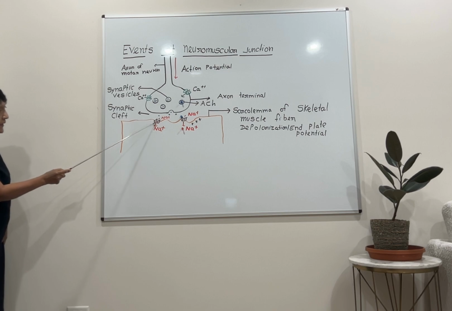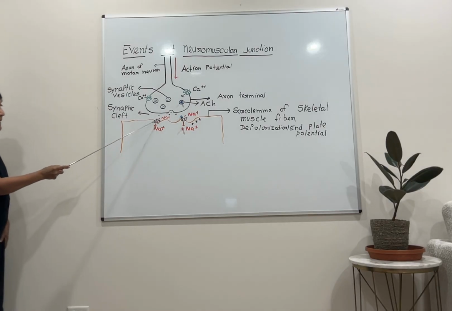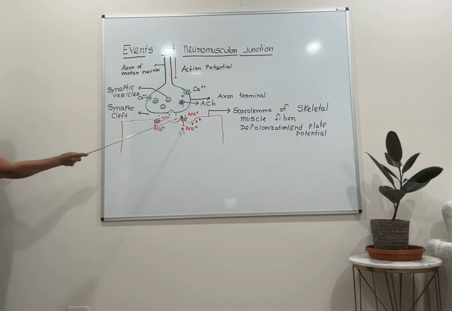They bind to chemically gated channels on the sarcolemma. These chemically gated channels open and sodium diffuses into the muscle fiber through these chemically gated channels.